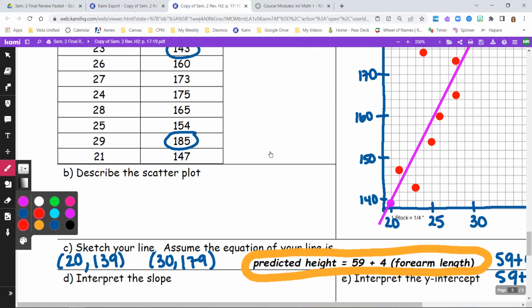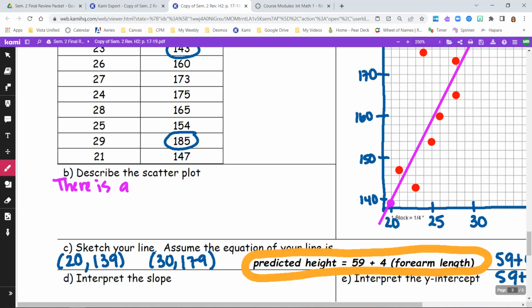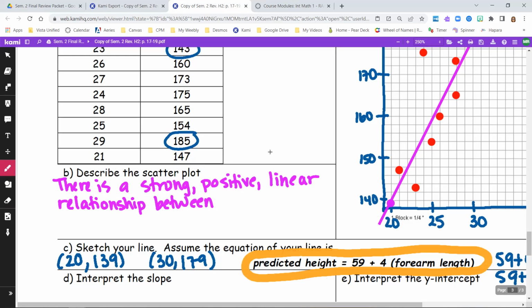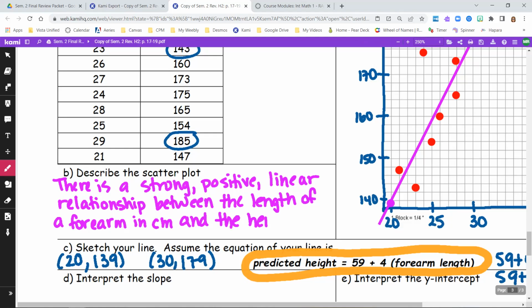So I would say there is, and we'll say strong, positive, linear relationship between the length of a forearm in centimeters and the height of the person in centimeters.